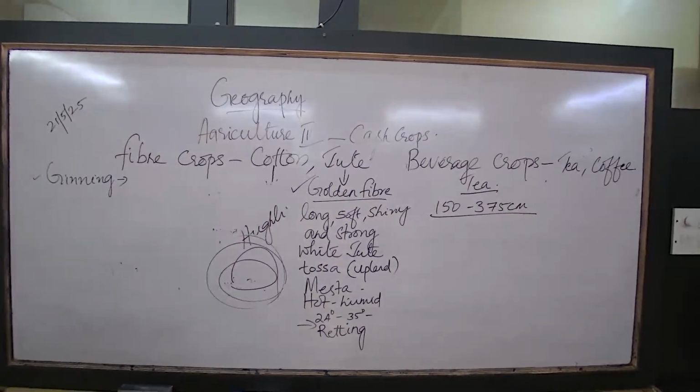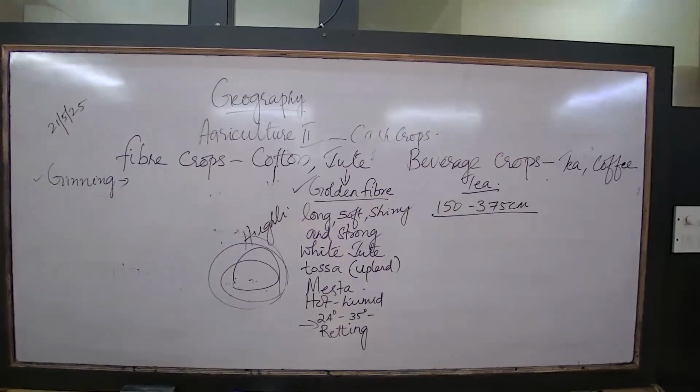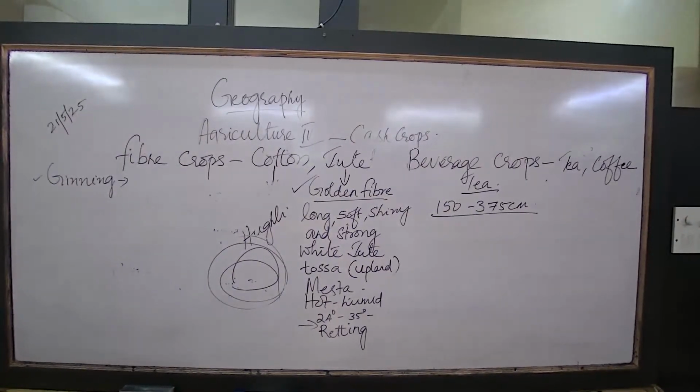And there are three varieties in India: coffee robusta, coffee liberica and coffee arabica.